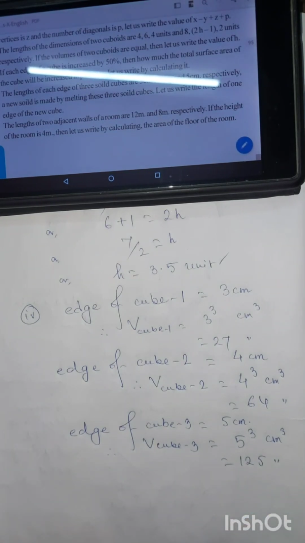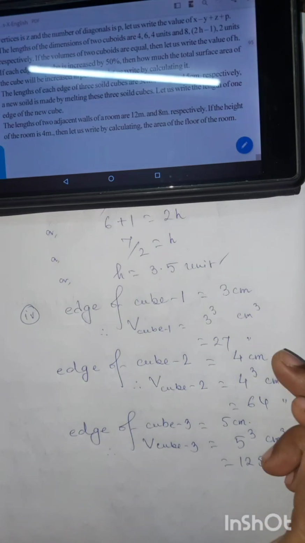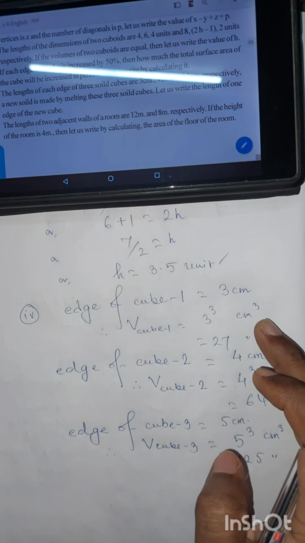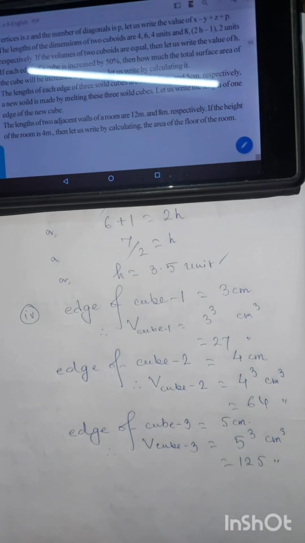Now these three cubes are melted and cast into a new cube. So the volume of the new cube should be equal to the sum of the volumes of these cubes.